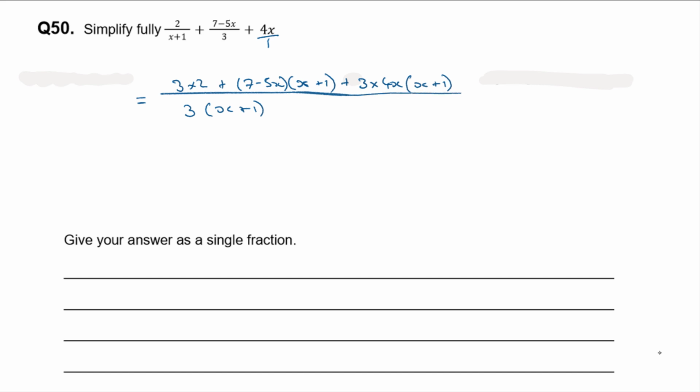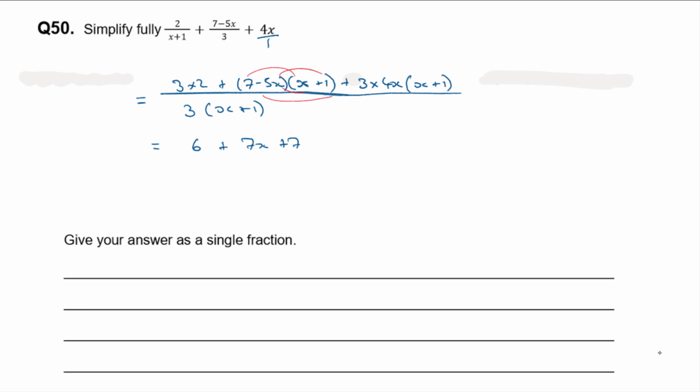Okay, right, so what does that give me? 3 times 2 is 6. I've got some brackets to multiply out, so I'm going to use FOIL on these brackets. So 7 times x is 7x. 7 times 1 is 7.